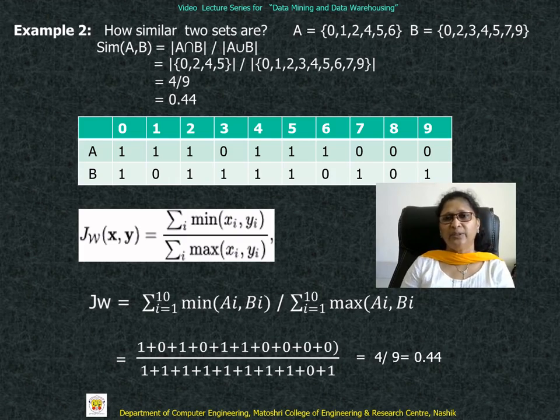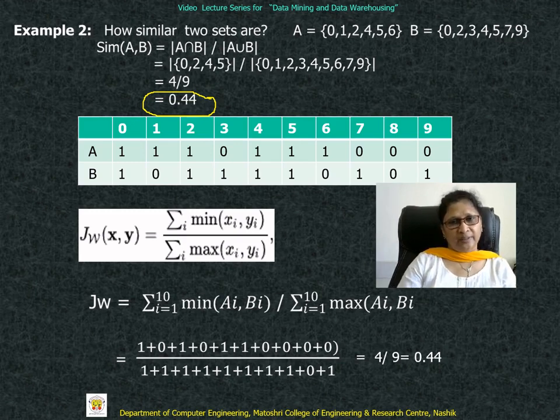So here we are given two sets, set A and B. We have already computed a similarity between these two using set-based approach, which is nothing but ratio of intersection to union. We took cardinality of intersection at numerator and cardinality of union at denominator, and it was 44% similarity.